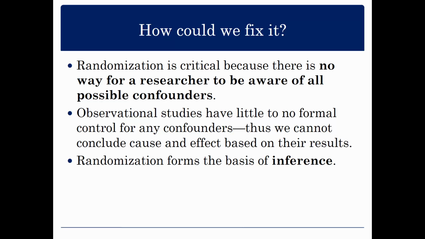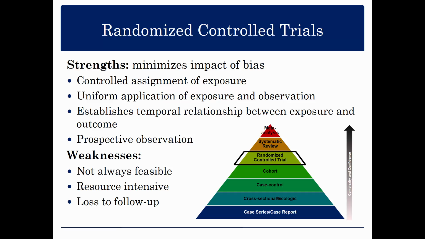It's critical because there's no way for us to be aware of all possible confounders. Observational studies have little to no formal control for confounders, so we can't conclude cause and effect based on their results for that reason. So randomization forms the basis of inference. The strengths of randomized controlled trials, they truly minimize the impact of bias.